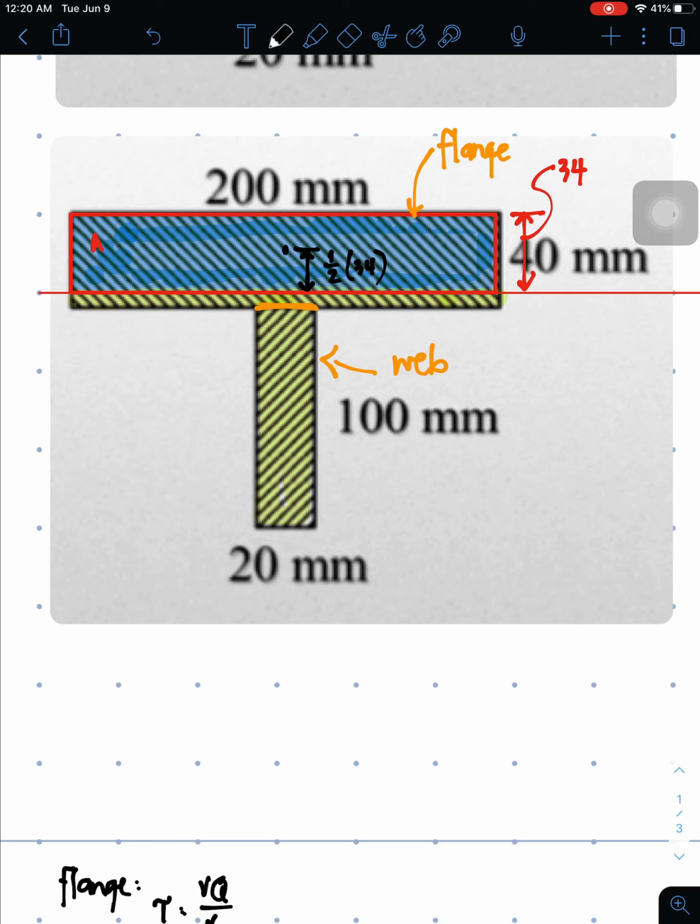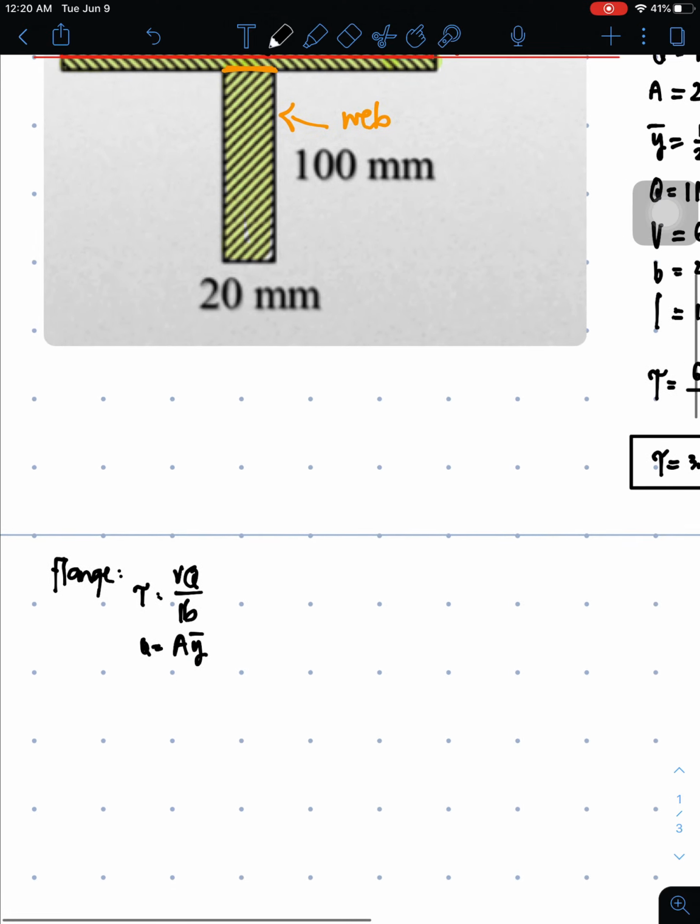It's going to be 20 times 100 multiplied by 56. Yes, correct.